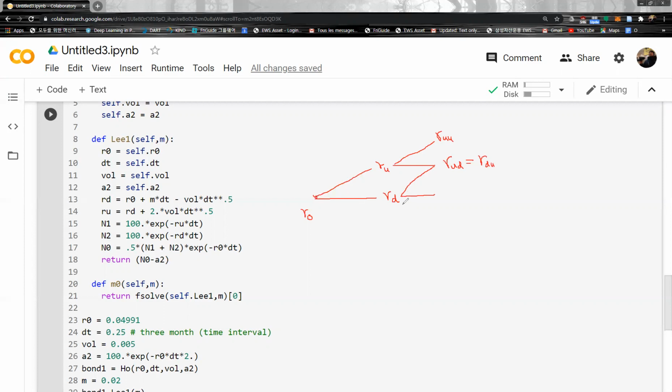And then interest goes down and down, this is RDD. And then here, let's find the interest rate over here this time. Let's delete everything here.